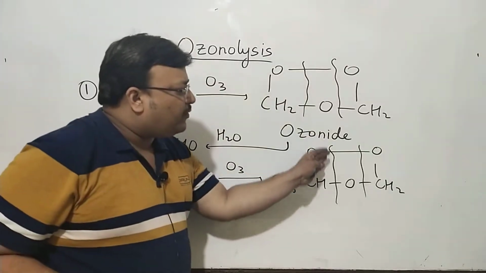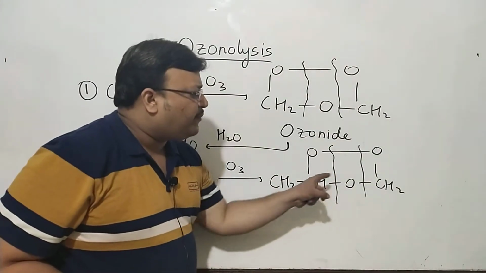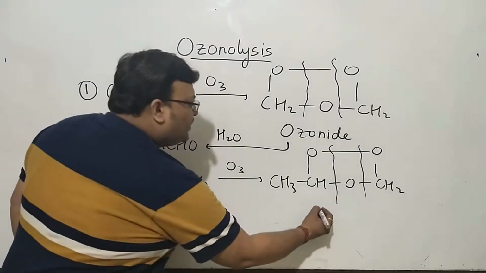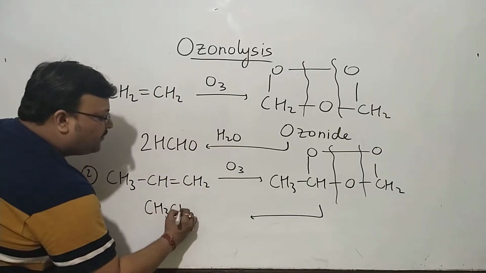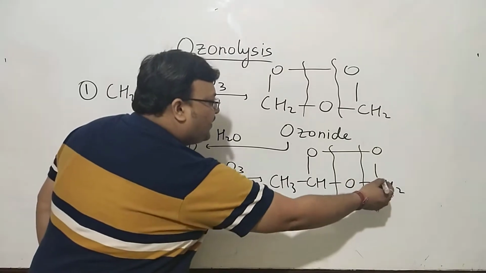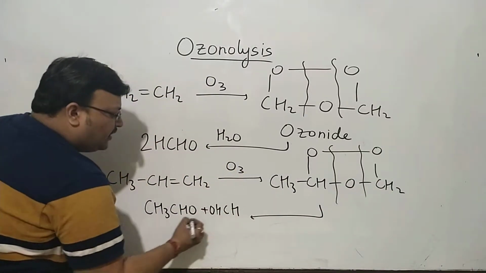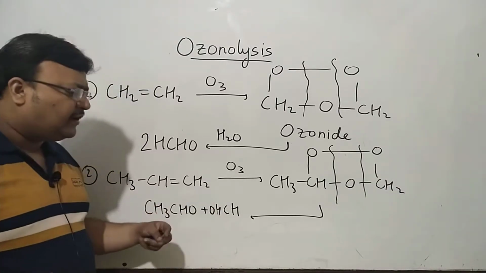Again, I'll break it from left and from right. And this time, I'll get a mixture of 2 different carbonyls. Because this is not symmetrical, the left fragment will be CH3CHO, the right fragment will be HCHO.